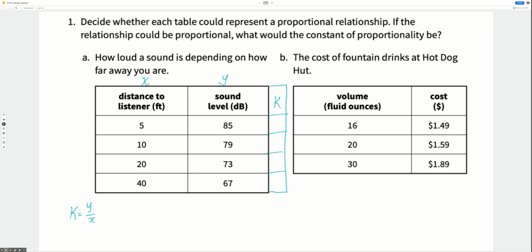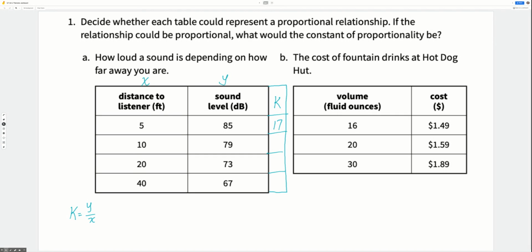And I'm just going to type into my calculator. I know that I've got to do my y value, which is sound, divided by 5. So it says how loud is sound depending on how far away you are. Well, let's see if it's a constant sound wave here. So we have 85 divided by 5 equals 17.